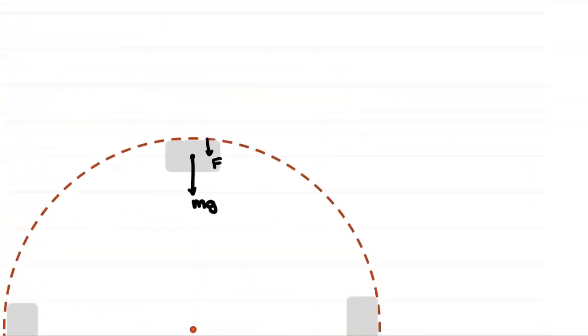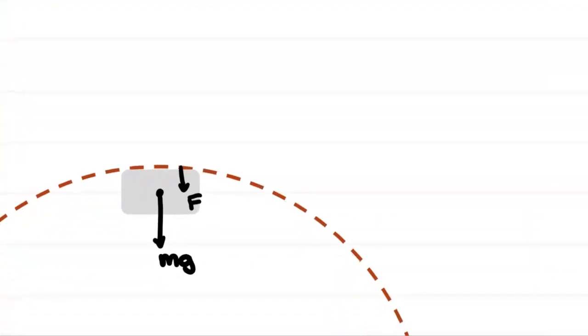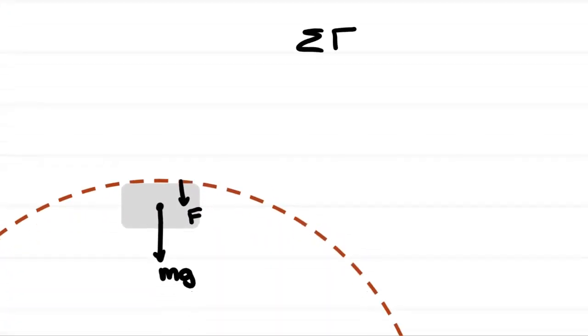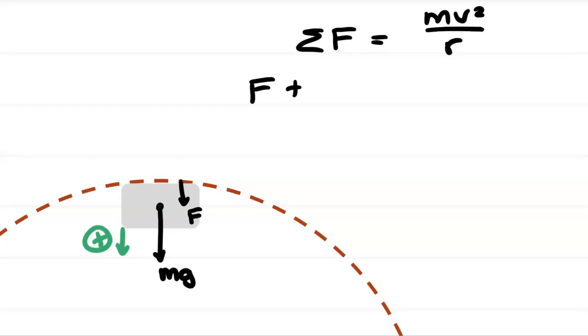If we apply the same thing at the top, then we've got sum of the forces again equals mv squared over r. At this position, let's make downwards positive because that's pointing again towards the center of the circle. That means both F and mg are acting towards the center of the circle, so they're positive, and they're going to equal mv squared over r.